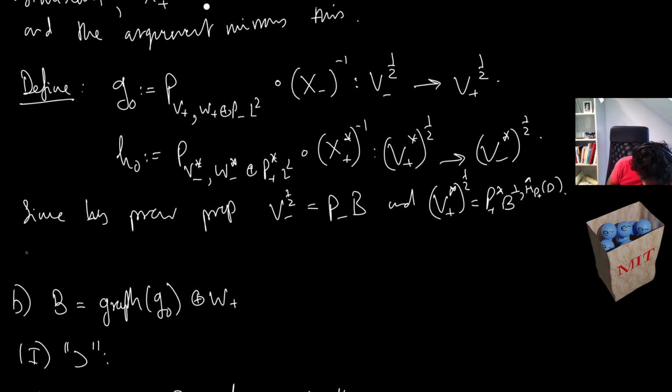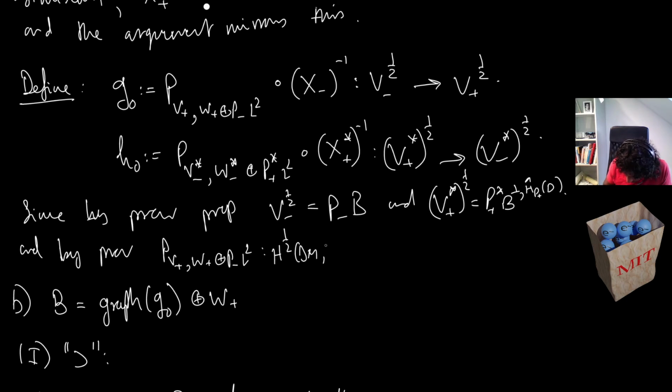Okay, and by previous proposition, the first one we proved, so step number one, we have that PV plus W plus along this space maps a H a half to H a half.